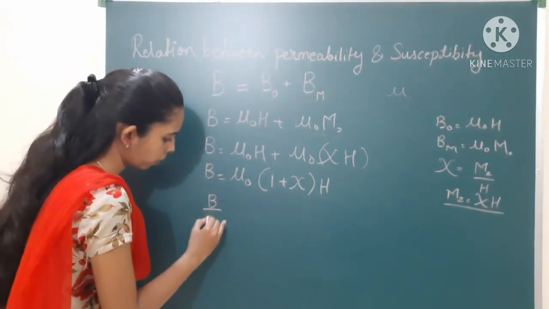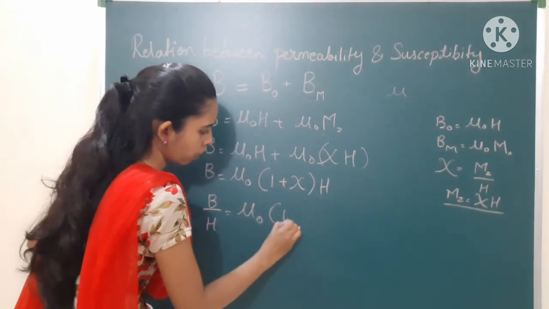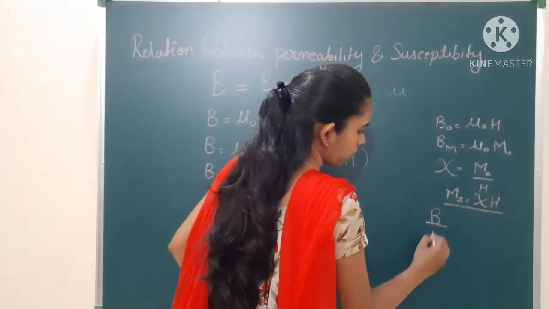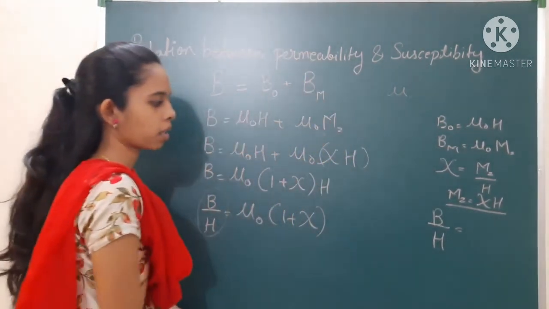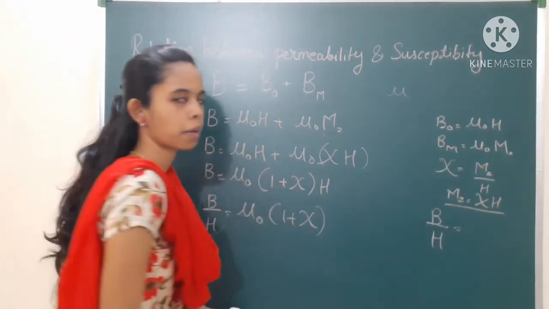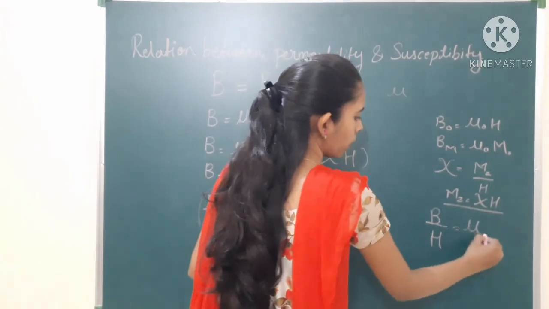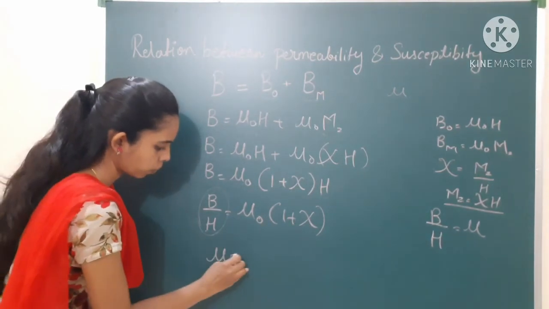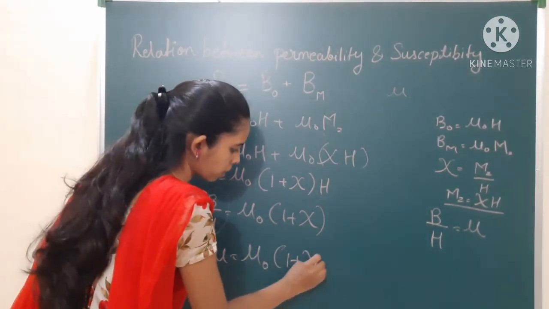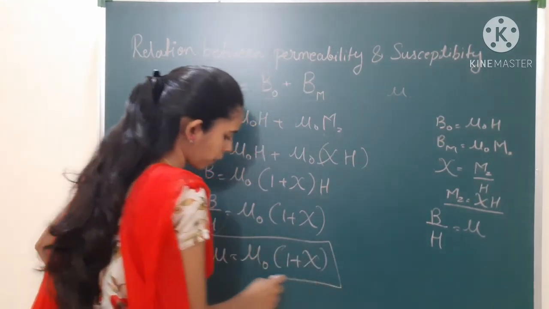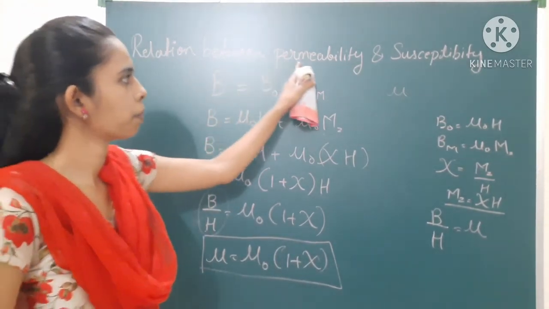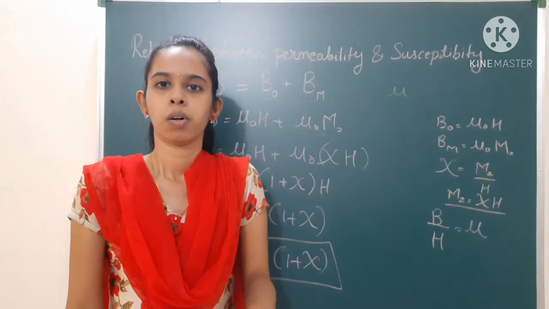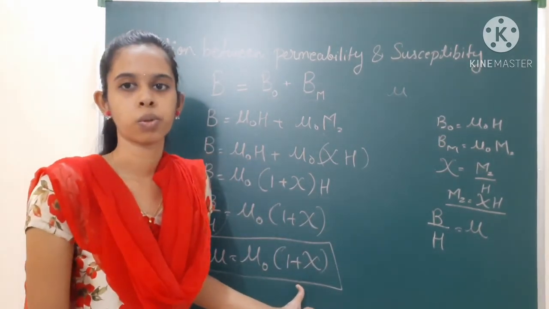We get B upon H, which is equal to mu naught (1 plus Xi). B is the resultant magnetic field and H is the magnetic intensity, so B upon H is the permeability of the material. Therefore this can be replaced by mu is equal to mu naught (1 plus Xi). This is the formula which gives the relation between permeability and susceptibility. So I think we are done with this derivation and you have understood it.